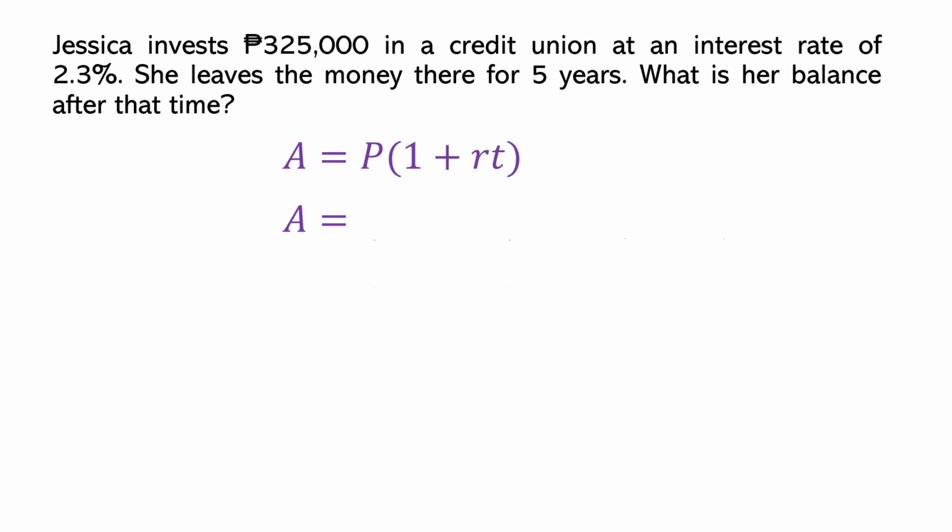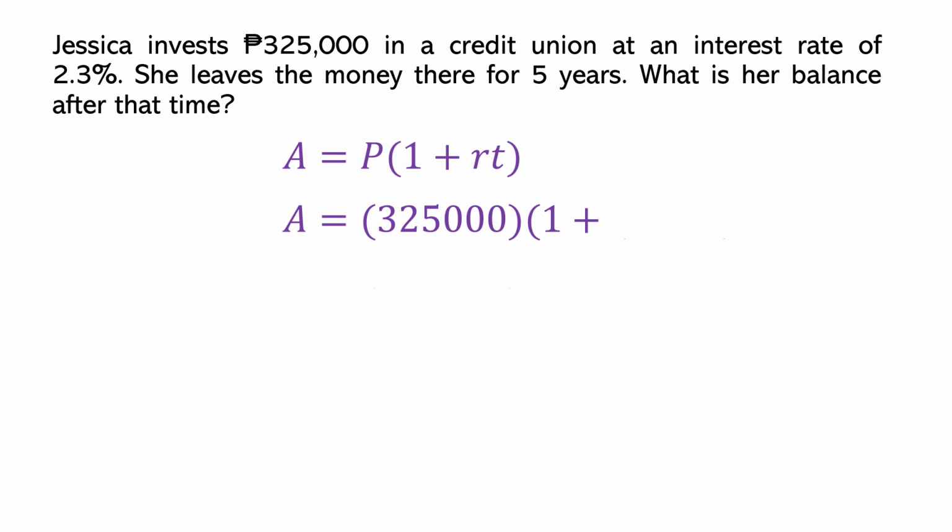We have P as the principal amount, that's 325,000 times 1 plus the rate. By the way, 1 is a constant in the formula, so you don't change it. It's always 1. What changes are those other variables, the P, R, and T.